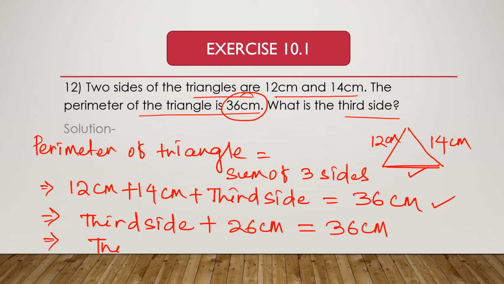So the third side of the triangle will be 36 centimeter minus 26 centimeter, that is 10 centimeter. So the length of the third side of the triangle is 10 centimeter.